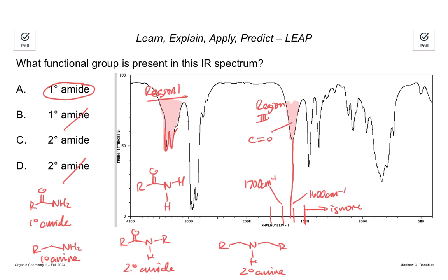And the reason that it has that little doublet is that the carbonyl group, really only in amides, has a significant resonance contributor, where this lone pair will be delocalized onto oxygen.